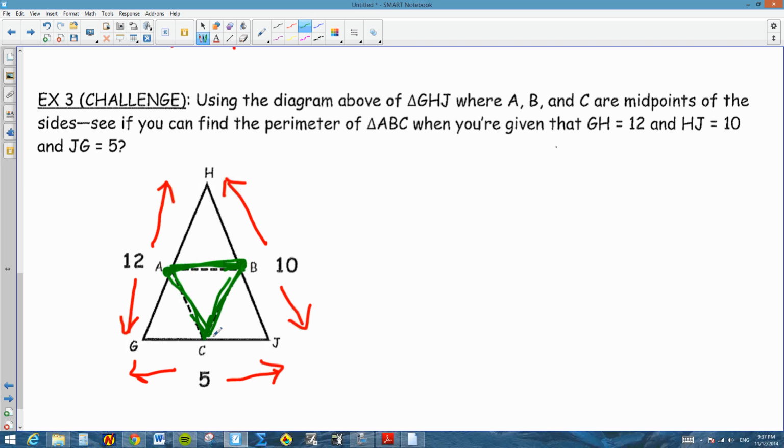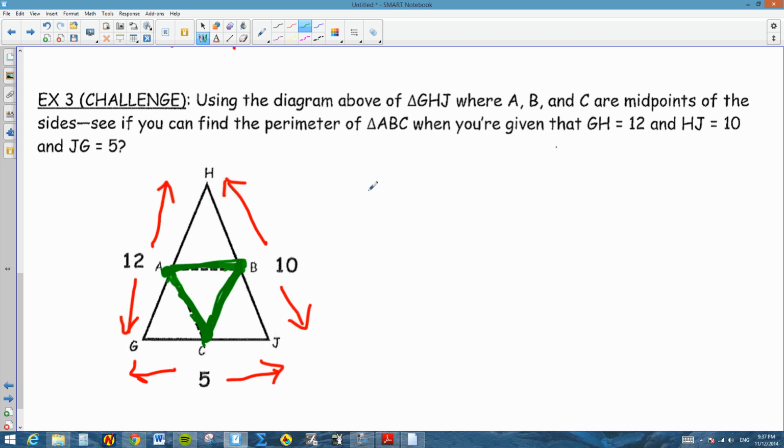Given these 3 points are midpoints, connect them together and you get 3 midsegments. By the midsegment theorem, this side will be half of that.